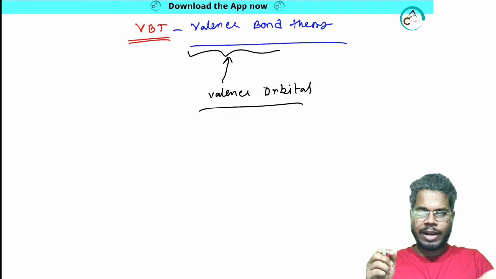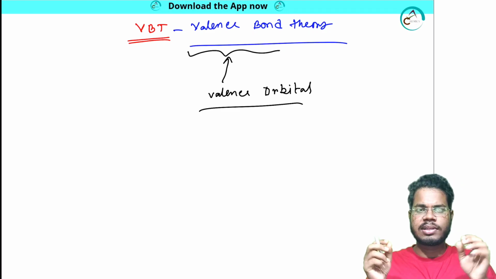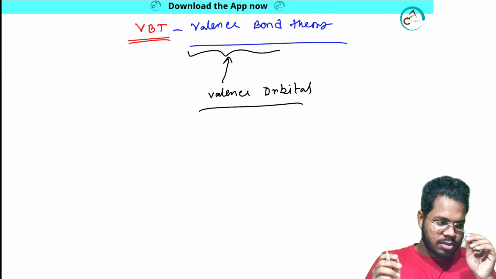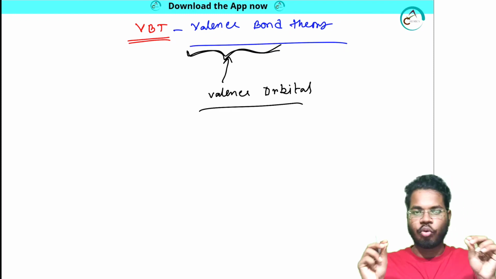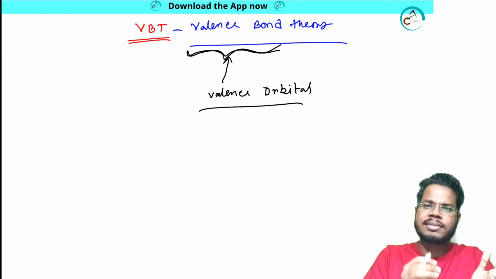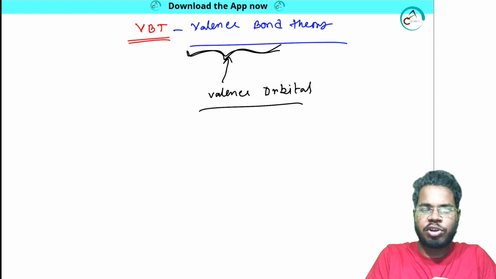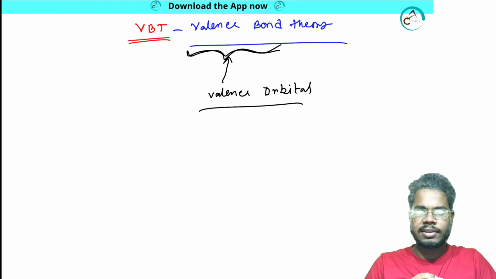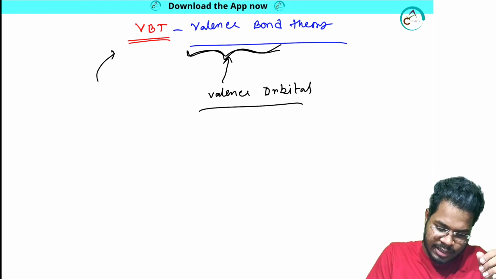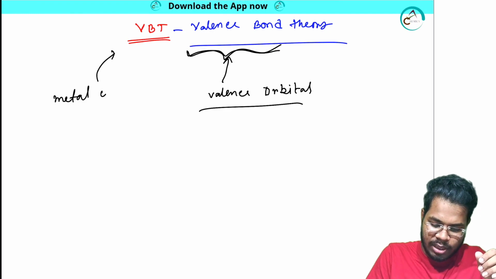To know about valence bond theory, we need to learn about the system which takes part in bonding through it. Can I ask a question like that? Can valence bond theory, VBT, explain the bonding of metal complexes? Here we are discussing metal complexes.